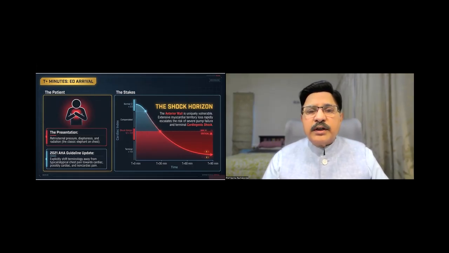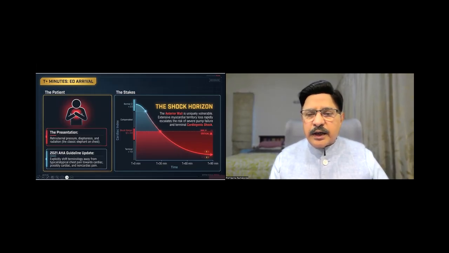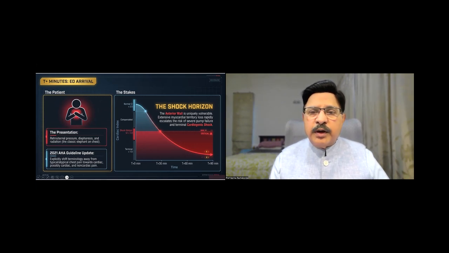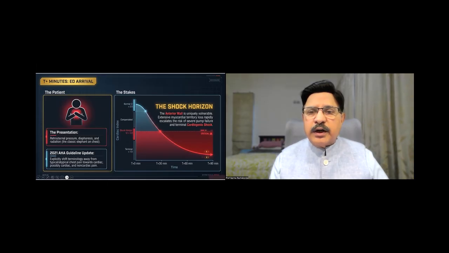Now, what is at stake? T0, that is when the plaque rupture started, then T30, T60, T90. The anterior wall is uniquely vulnerable, and extensive myocardial territory loss rapidly escalates the risk of severe pump failure, the terminal cardiogenic shock.